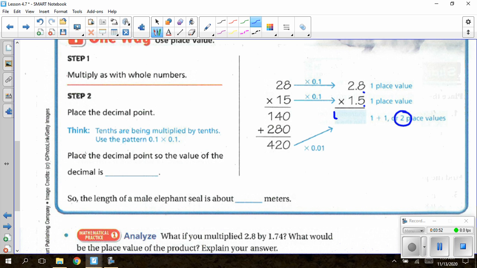So when I rewrite that 420, I now can place the decimal going from behind the 420. So swooping now 2 places, 1, 2, it places my decimal in between the 4 and the 2. Again, we have to add together both decimal place values between the two factors. So if each factor has 1 decimal place value, that means my answer has to have a total of 2.